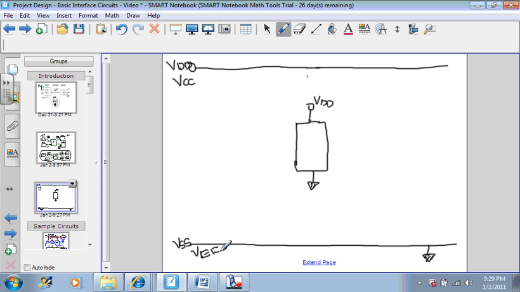Just for your information, the reason why they use C and E is because most electronic circuits generally have a collector and an emitter transistor. For BJT transistors and for FET, they may have a drain and a source. So this is consistent with the type of electronics or technology that is being used within the component.